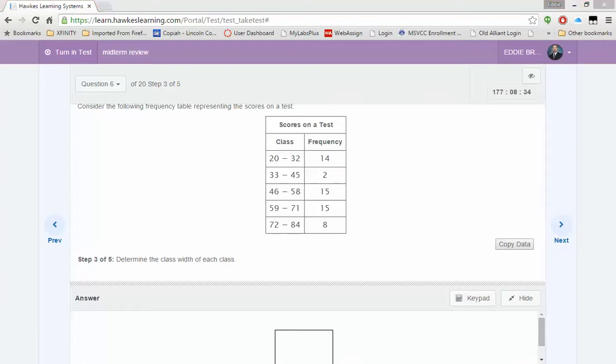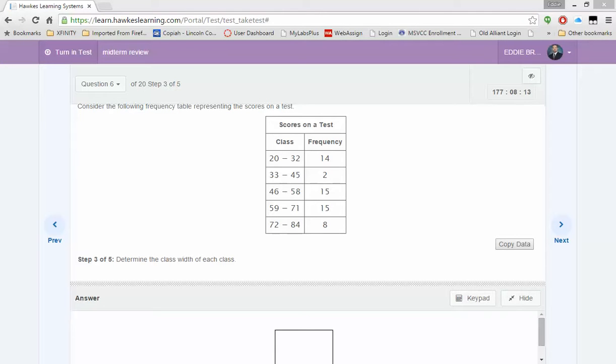Alright. Determine the class width of each class. There's a couple of ways to do this.